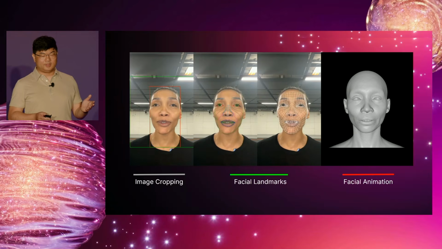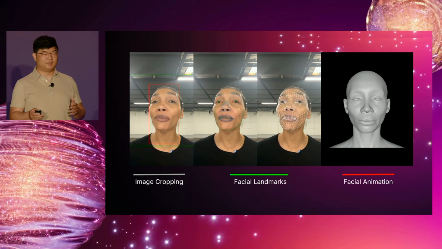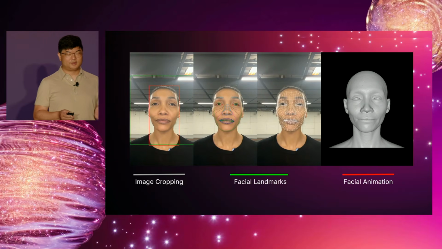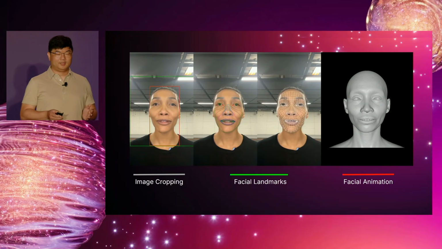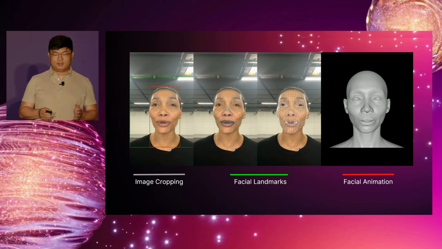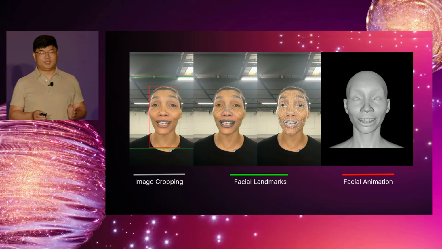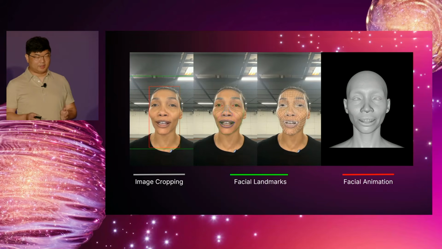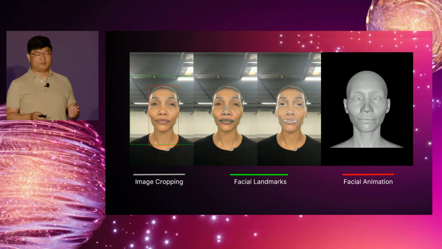This video visualizes the intermediate steps and outputs across our machine learning models. The leftmost clip shows the 2 bounding boxes, green to crop the input image for the landmark and head pose tracker, and red to crop the image for the generic animation solver.